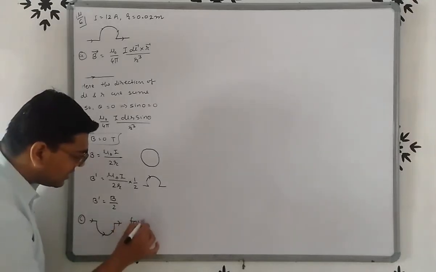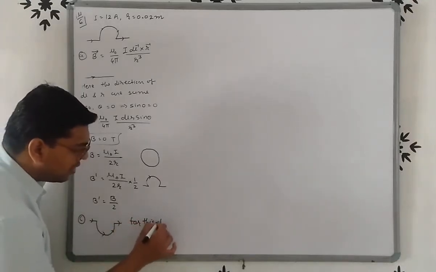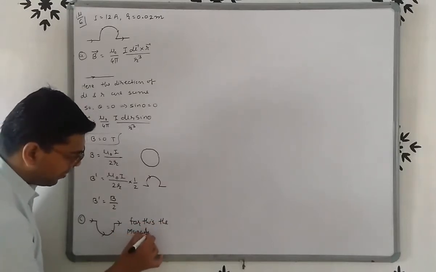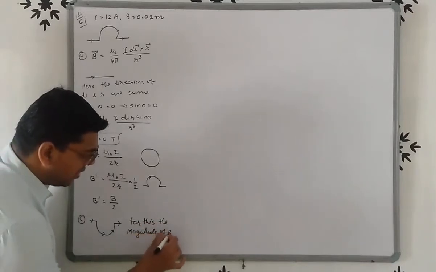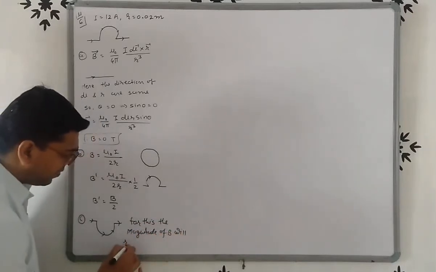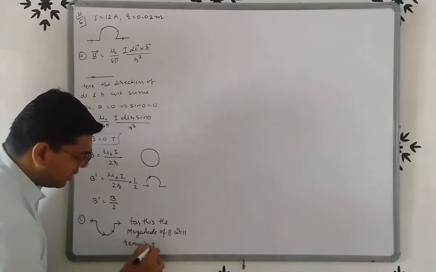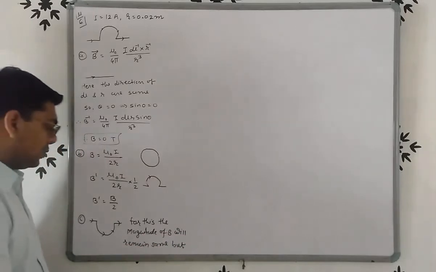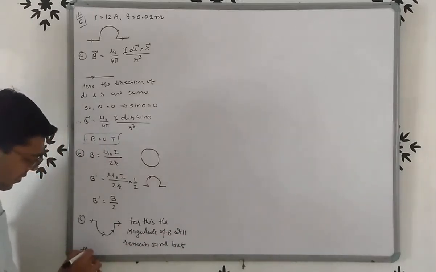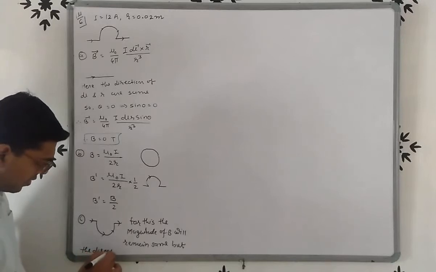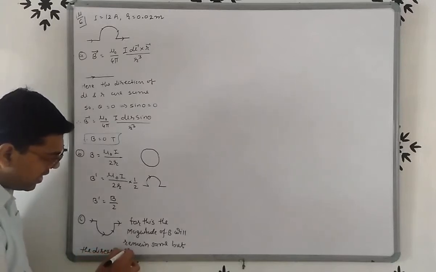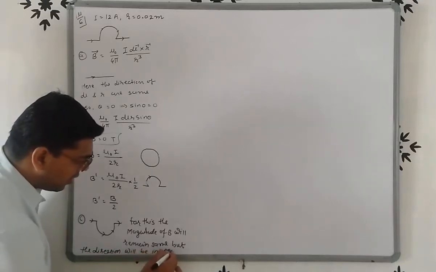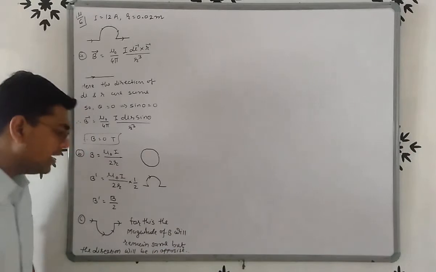So for this, the magnitude of B will remain same, but the direction will be opposite.